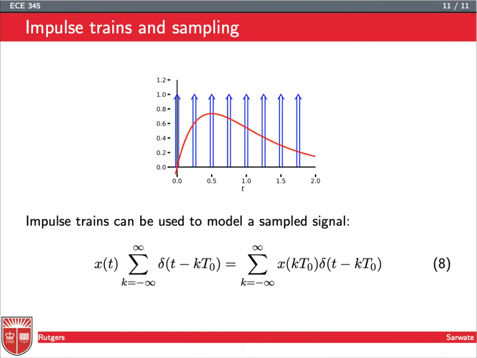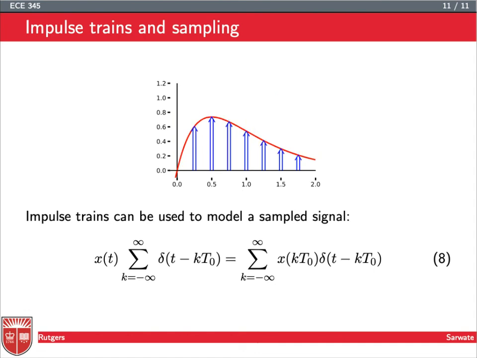So let's see how this looks. If I took this red signal, which has a slightly complicated functional form, and multiplied it by this impulse train, then what am I going to get? I'm just going to pick up the value of the signal at those points where the impulses are. So I get something that looks like this.